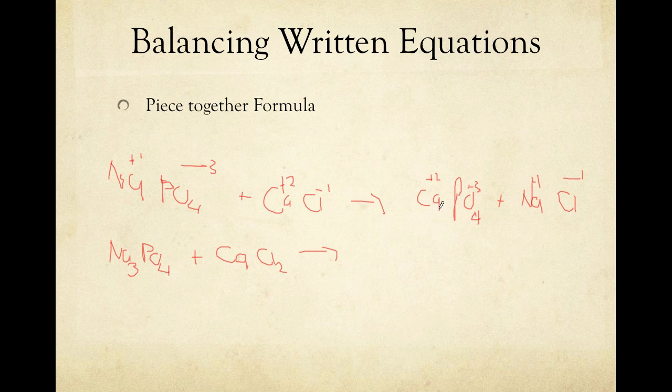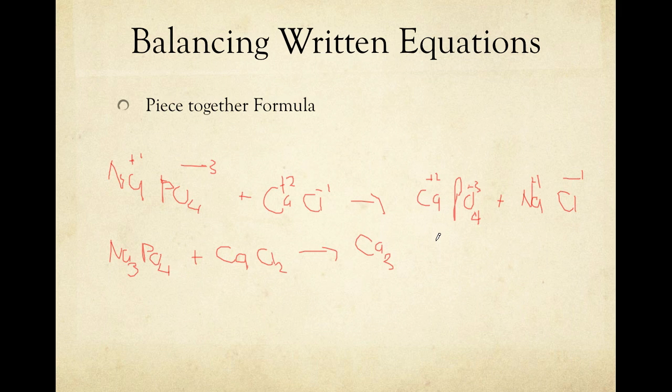yields. Here we have calcium of +2 and a PO4 with a -3 charge. So what we need is 2 phosphates and 3 calciums. Because opposites attract, when you do the math, you're going to have 3 calciums because of the +2 charge, and then 2 of the PO4.